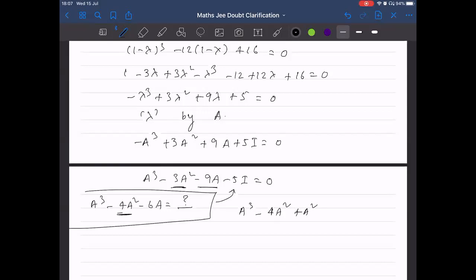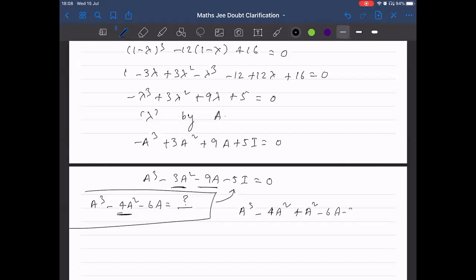Here minus 9A is there, so we'll write it as minus 9A plus 3A, minus 5I equals 0. So let me make it simple.